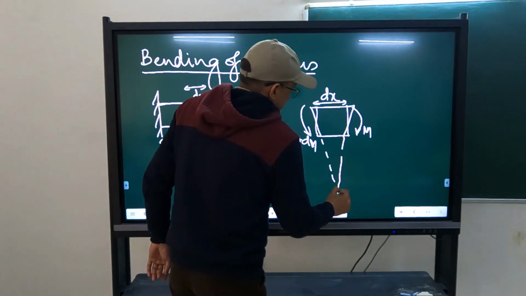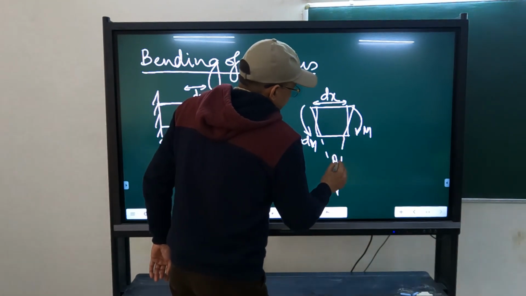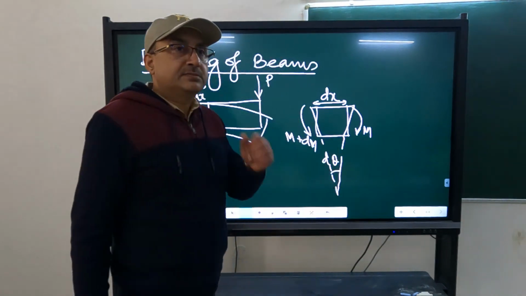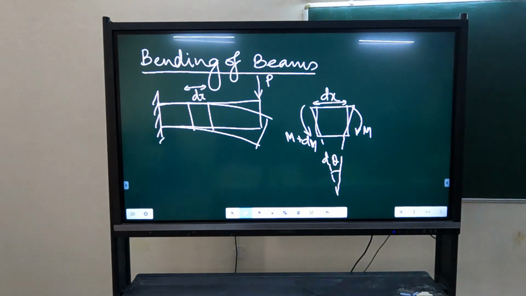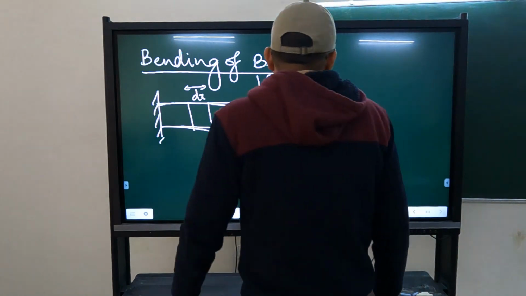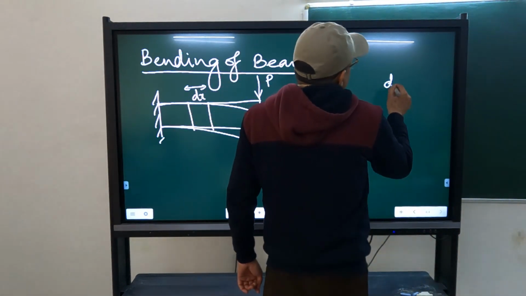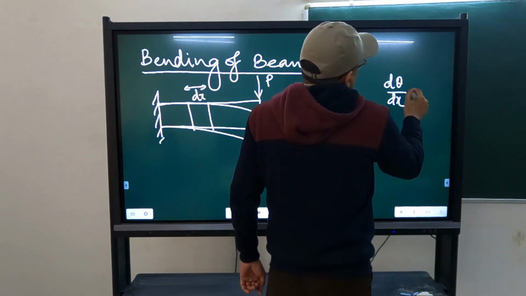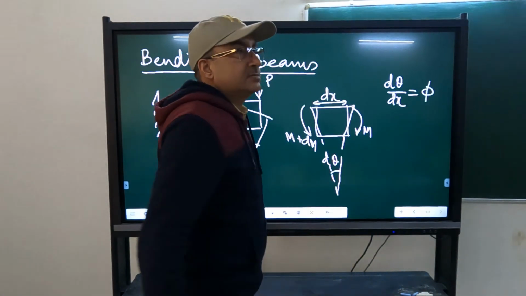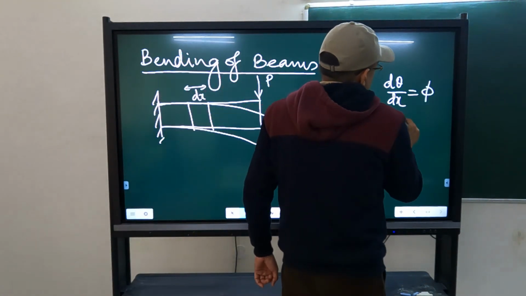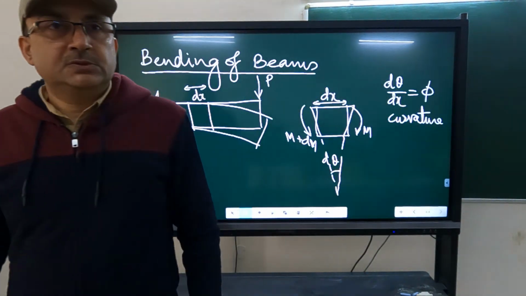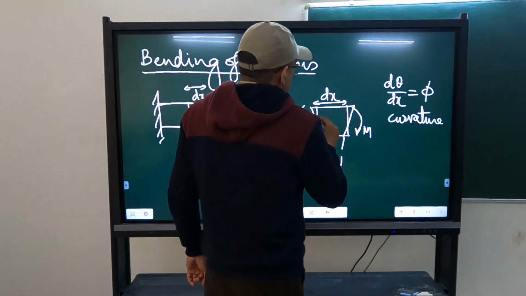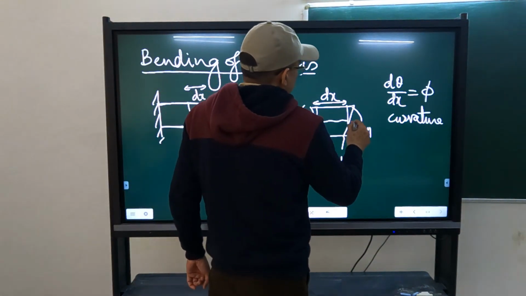If you join this, you will get an angle which we call dθ, which is the change in the slope. And dθ by dx, what is that? That is curvature. This is the depth of the neutral axis.